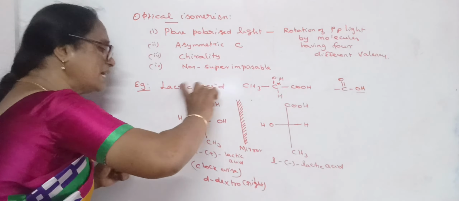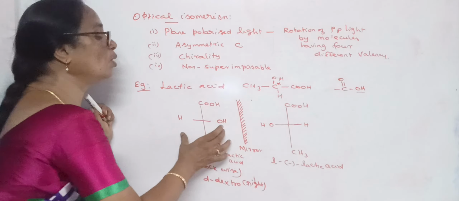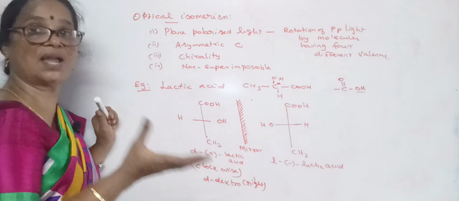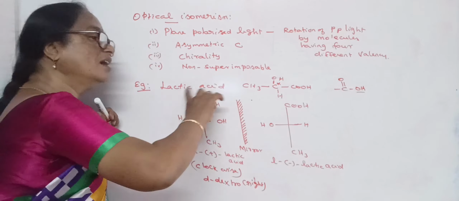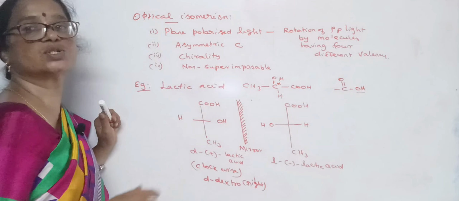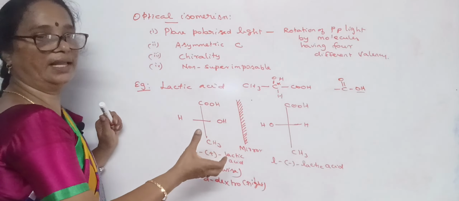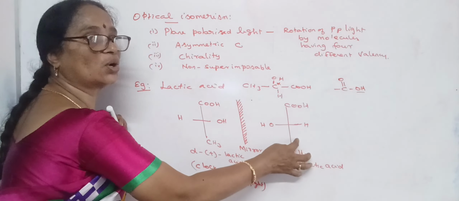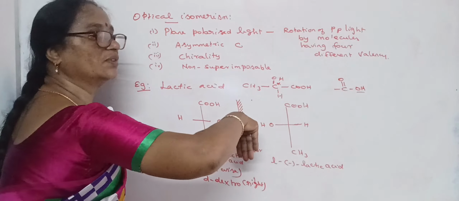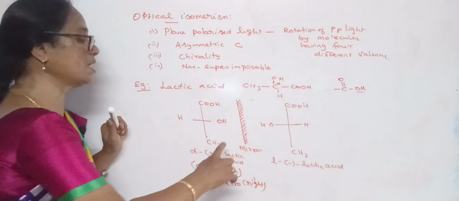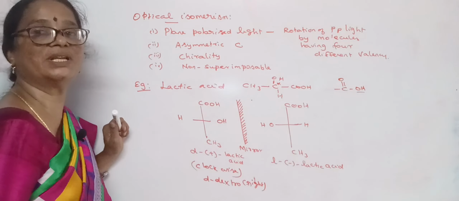So, okay, the rotation of light, if the solutions have the same concentration, the angle of rotation will also be equal. Suppose this molecule rotates the light to 80 degrees, and this molecule will also rotate the light in the anti-clockwise direction by 80 degrees, for which the concentration of solution will be the same.